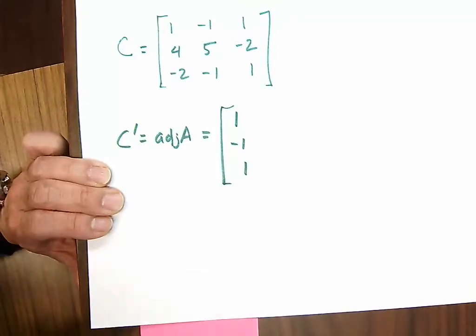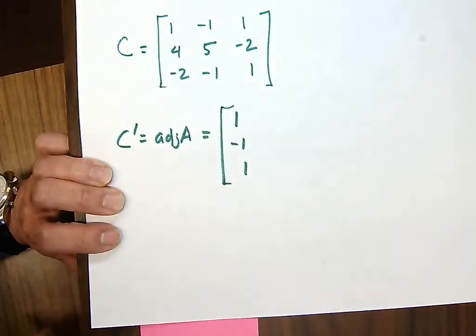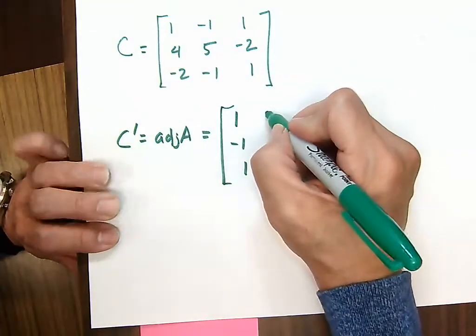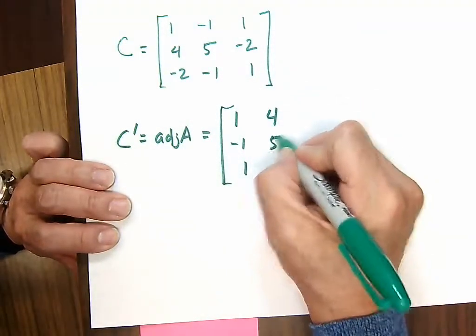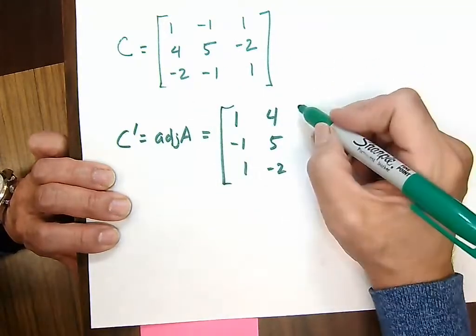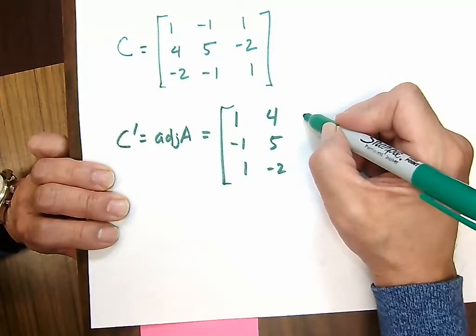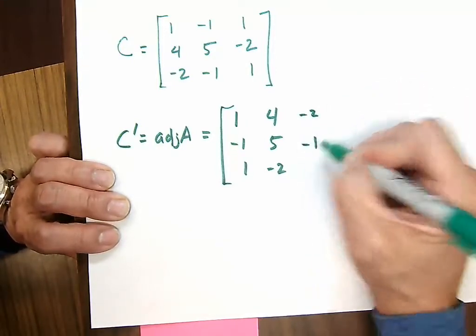We take the second row of the cofactor matrix and make it the second column of the transpose. And we do the same thing for the third row of the cofactor matrix, making it the third column of the transpose of the cofactor matrix.